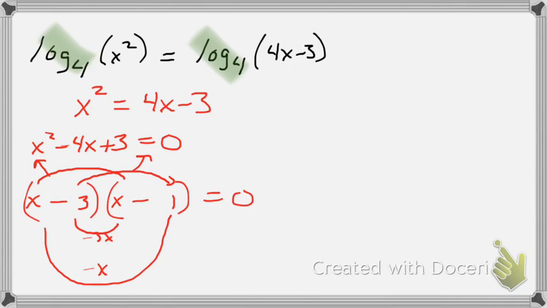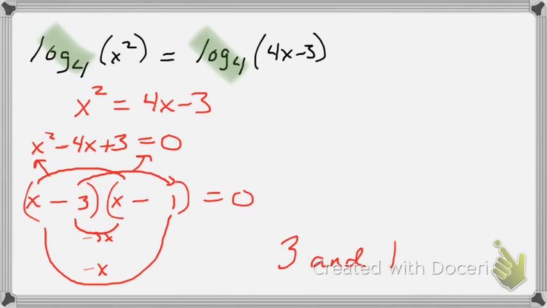All right. If my factors are x minus 3 and x minus 1, what are my two solutions? 3 and 1. Carly, you with me? All right. So my two solutions are 3 and 1. Now you have to check and make sure that they lead to positive parentheses, and you could probably do that in your head.